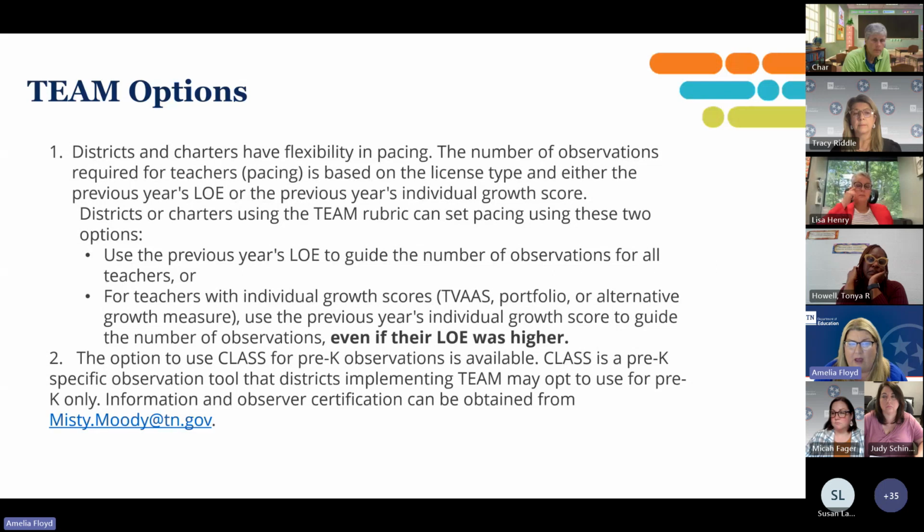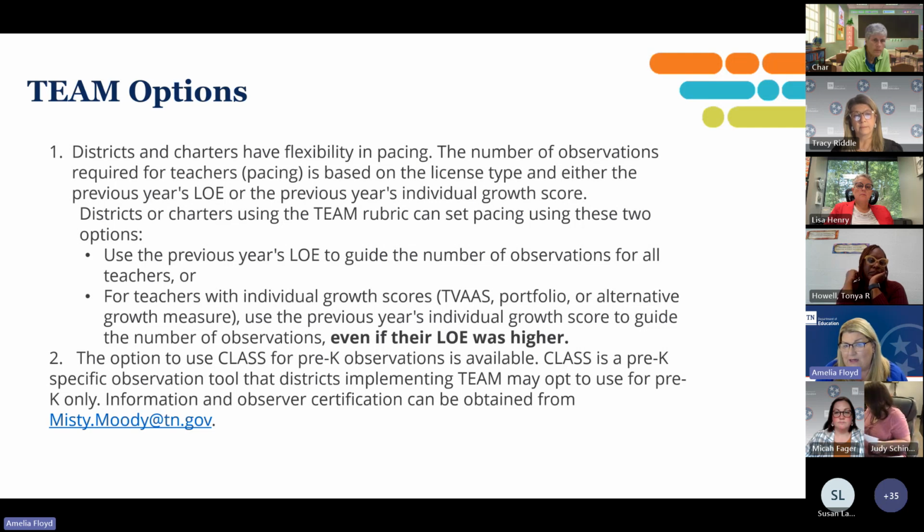You have the option of using the prior year LOE. That is the default. If that is what you're going to do, you will not choose anything in TNCompass. But for teachers who get individual growth scores from TVAAS, portfolio, or the alternative growth measure, you can choose to use that score to guide pacing, even if their LOE is higher.